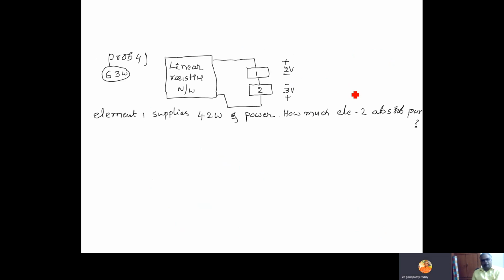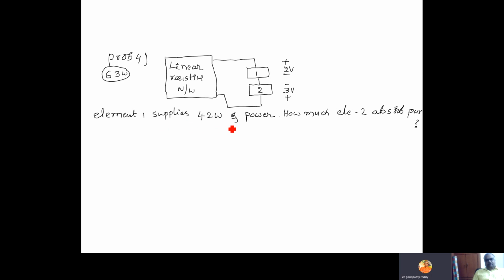Problem number 4. A linear resistive network is given. Two elements are connected in series. Element 1 supplies 42 watts of power. Element 1, what is there inside? Don't worry.